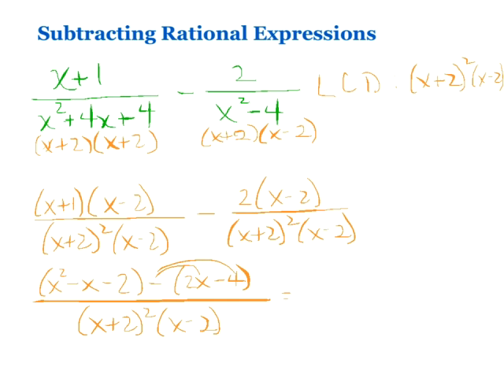Okay, so I'm going to have the x squared, and then I'll have a negative x minus 2x, which will give me negative 3x. And then I have a negative 2 minus negative 4, which is going to end up being plus 2. All of that still over x plus 2 squared times x minus 2. Okay?